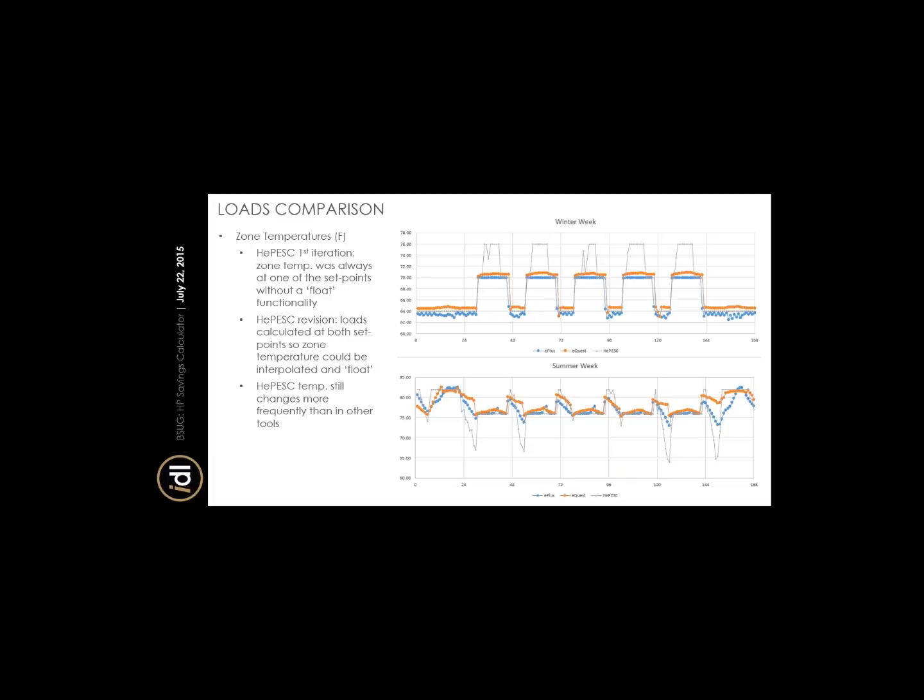So we did update that, and it basically calculates loads for both temperature set points and then interpolates the temperature between them. But you can see there that our temperatures still change more frequently than the ones in the simulations. So they're not dampening out like the ones in the simulation do, but they are staying within the correct ranges.